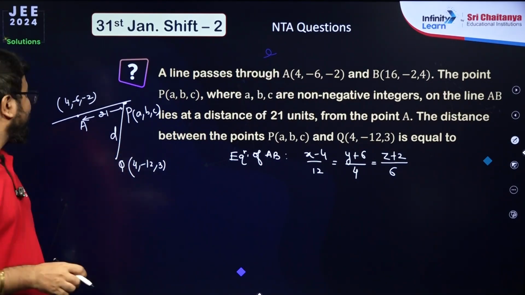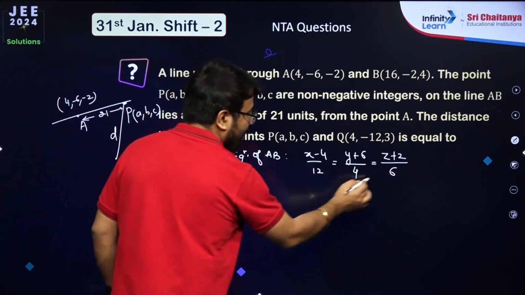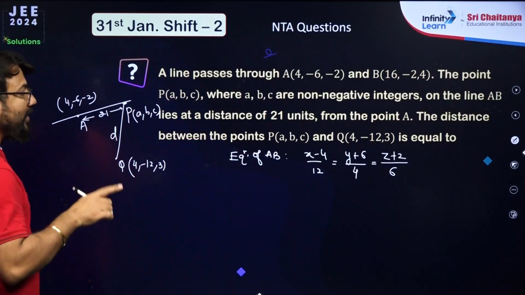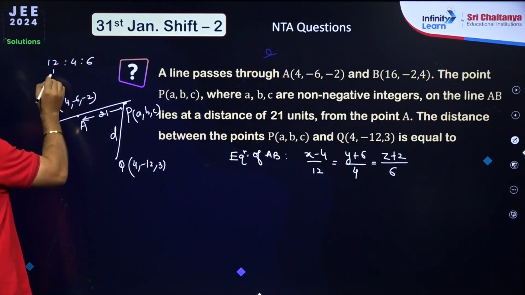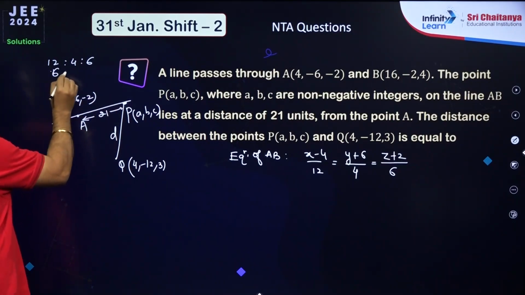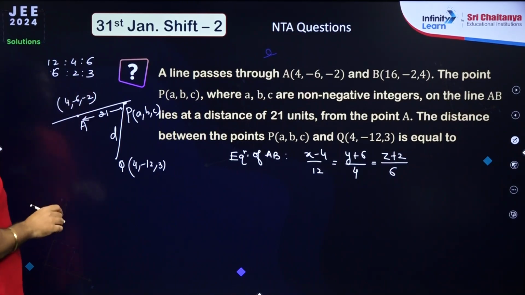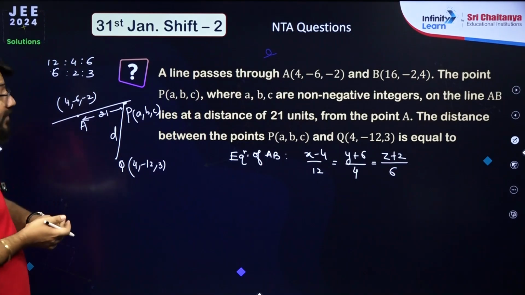How to get it? I will first write the DCs of the parallel vector: 12, 4, 6. If I divide the whole expression by 2, it will be 6, 2, 3. 6 square is 36, 2 square is 4, that makes 40, and 9 makes 49, so 7 will come.